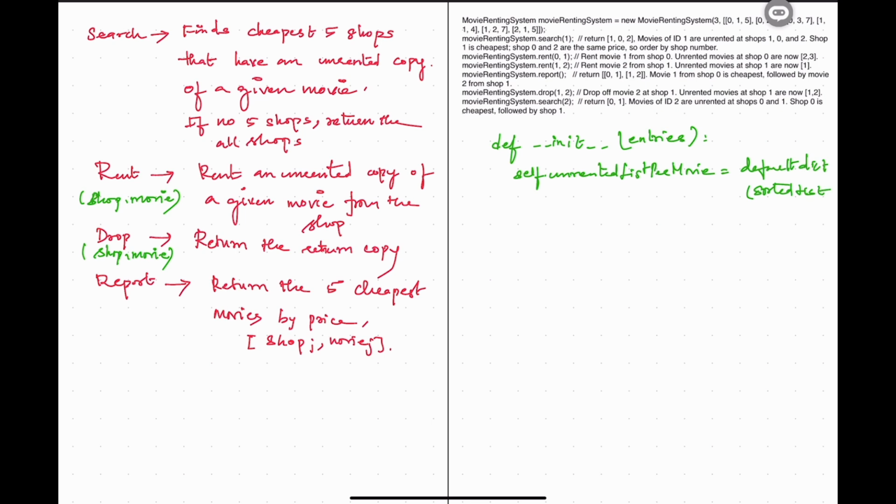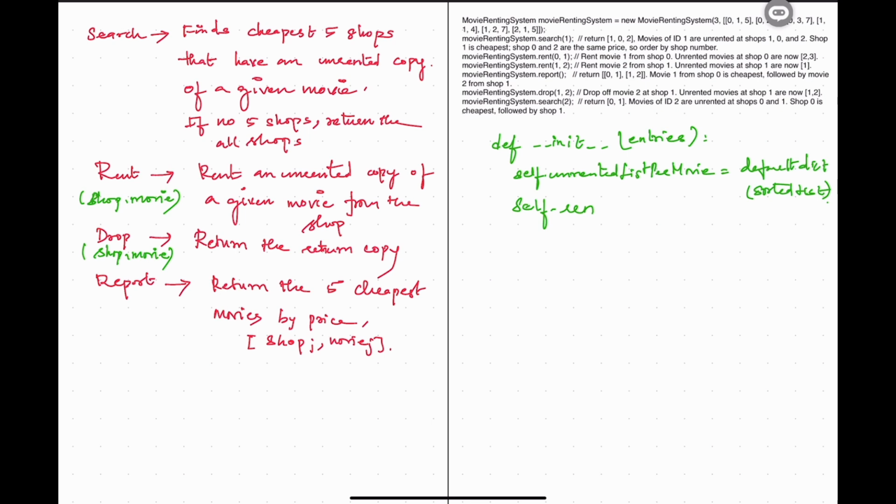Why are we not using a heap here? Because we want 5 shops, not only one cheapest. If you want only one, you can use a heap. Here you want 5 shops, so we have to use a sorted list. Once you have an unrented list per movie, you should have a rented one.